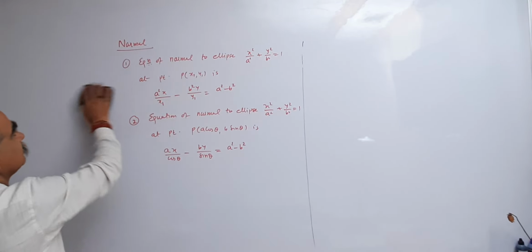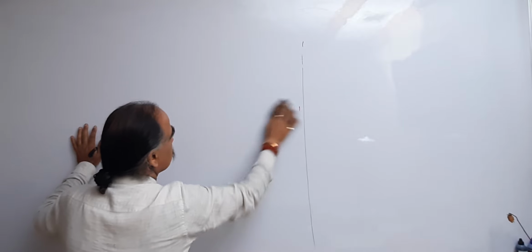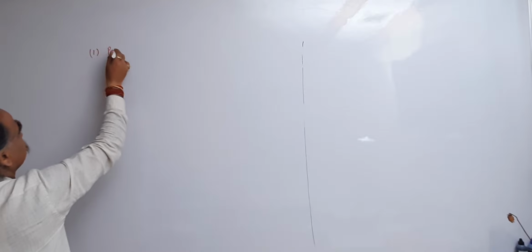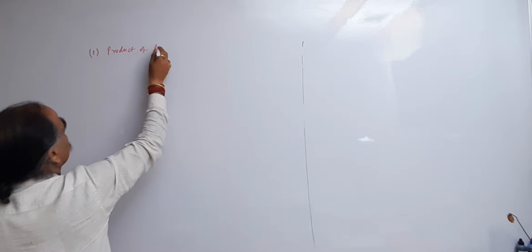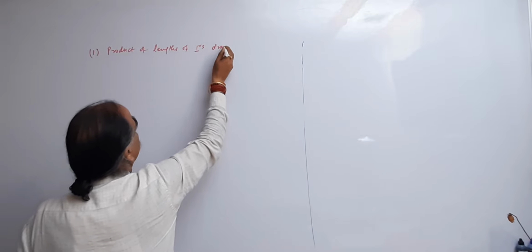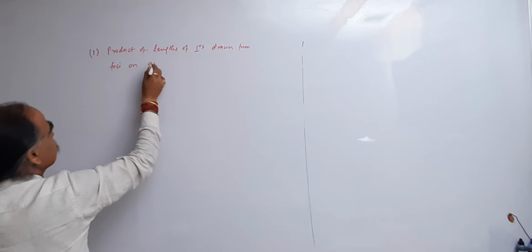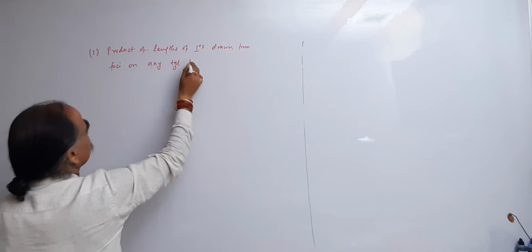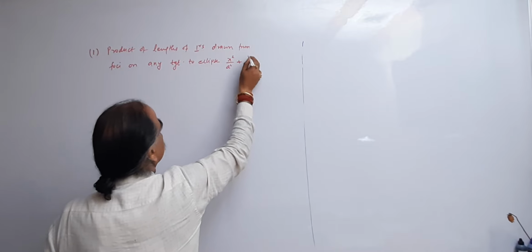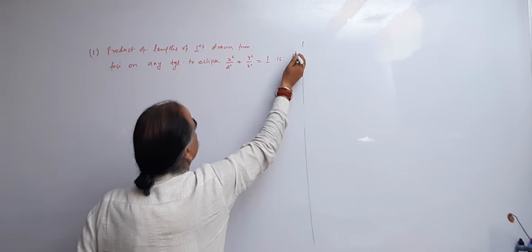Some important properties are there. Product of lengths of perpendiculars drawn from foci on any tangent to the ellipse x square upon a square plus y square upon b square is equal to 1 is b square.